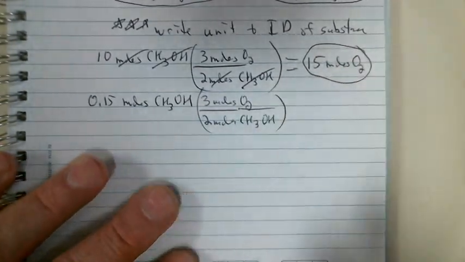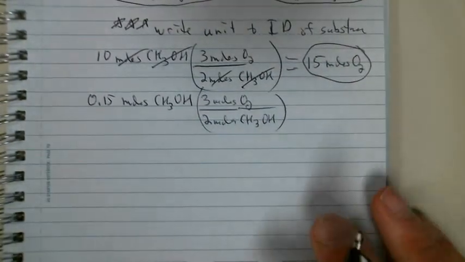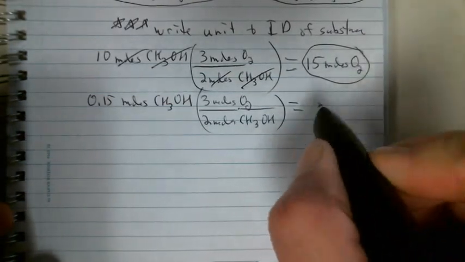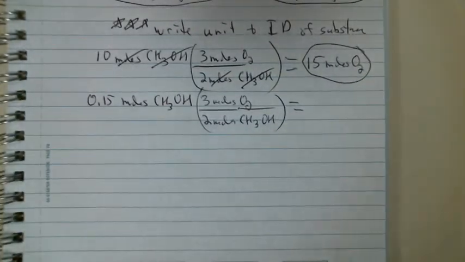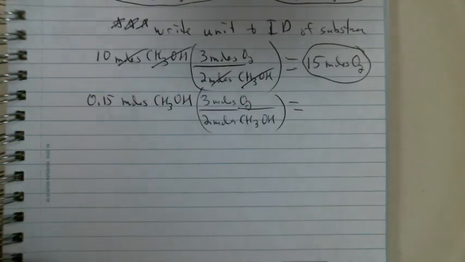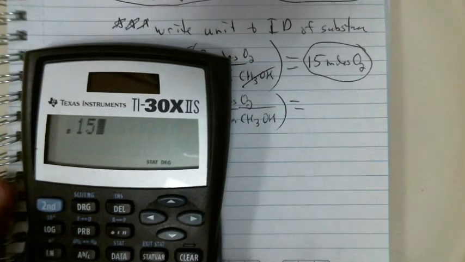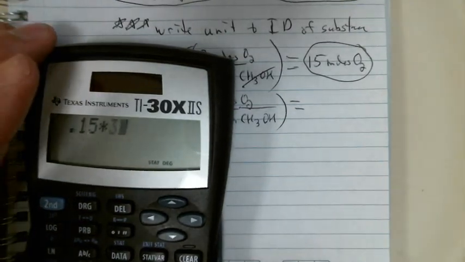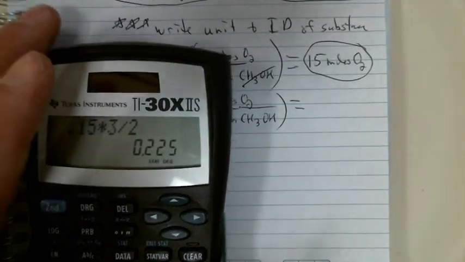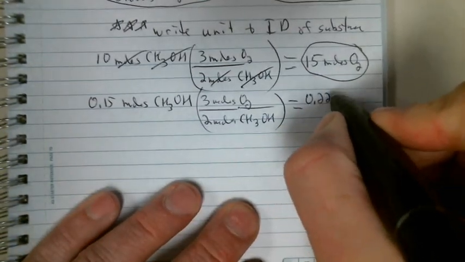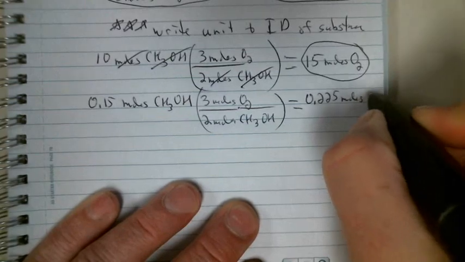And I just goofed here. What I should have done is asked you to pause and do it yourself, just like I would in class. I would actually pause for a while and maybe even walk around the room, but I goofed. So 0.15 times 3 divided by 2, and I get 0.225 moles of O2.